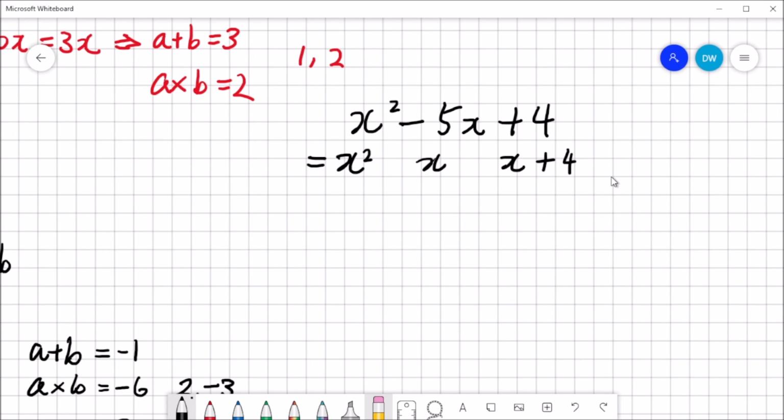So we want to find two numbers that add up to negative 5 and multiply to positive 4. Okay, which two numbers satisfy these two conditions? I'll give you a few seconds to think about it. Which two numbers add up to negative 5 and multiply to 4?